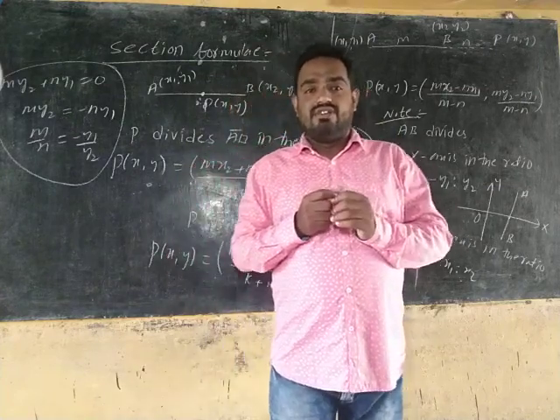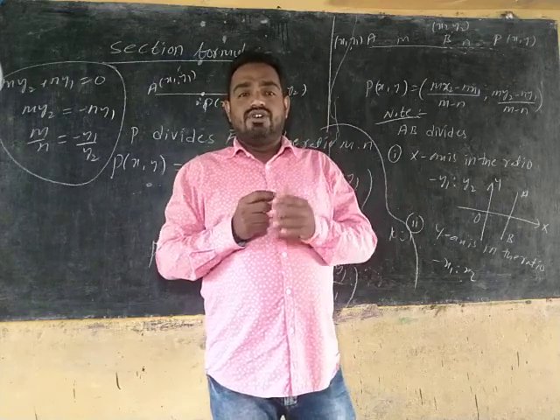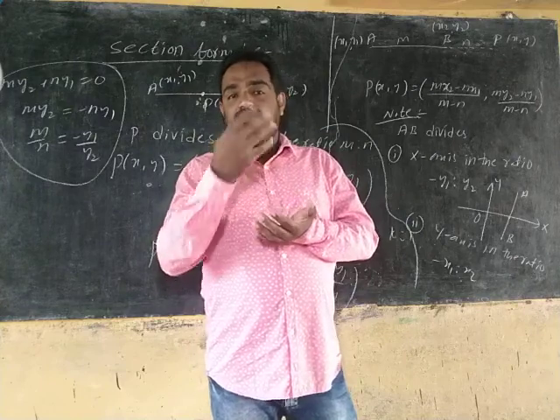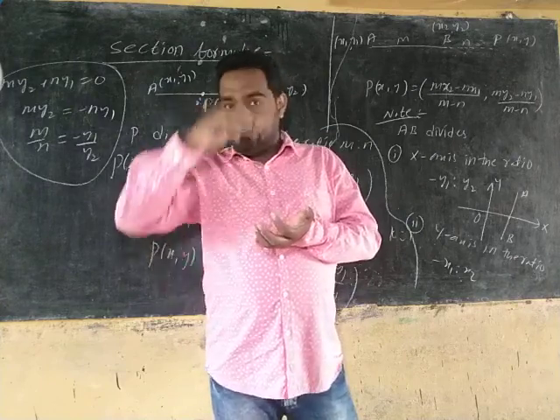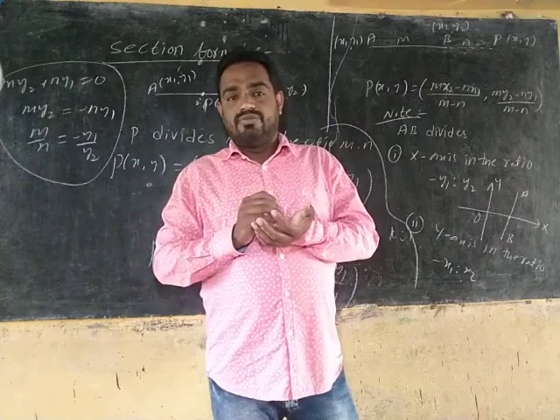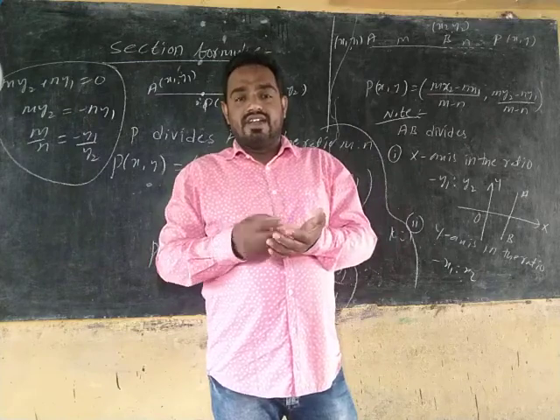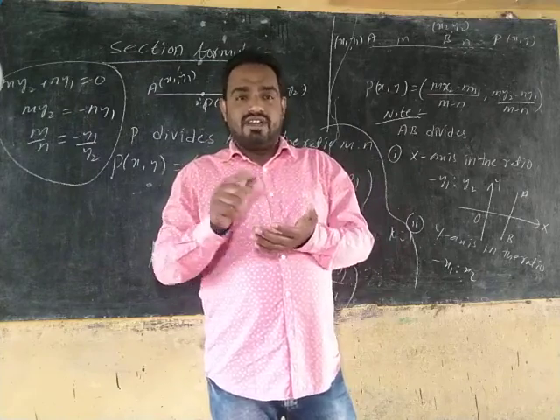I will send you one PDF of around 25 questions. Try those questions at home and send your answers to my number. Solve the complete solution, choose the correct option, and finally write, for example, option A is correct, option B is correct.